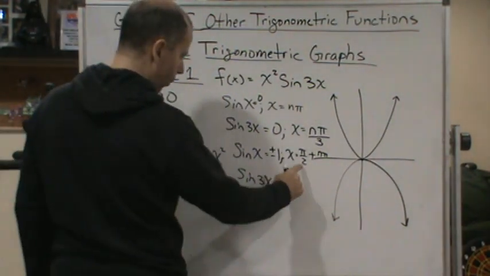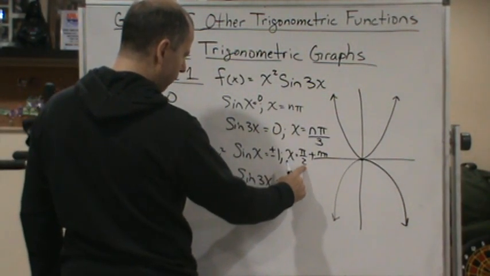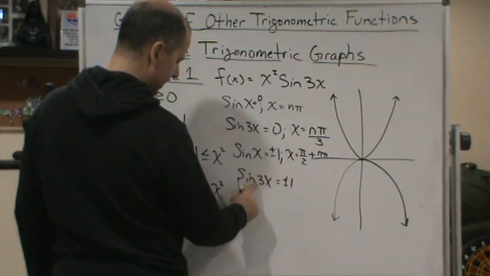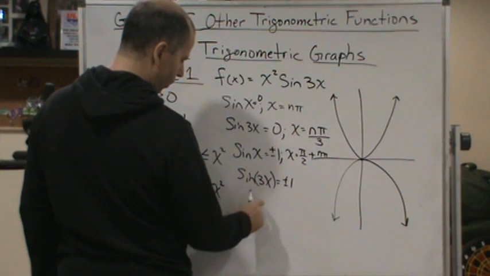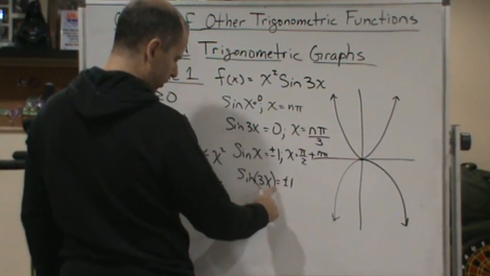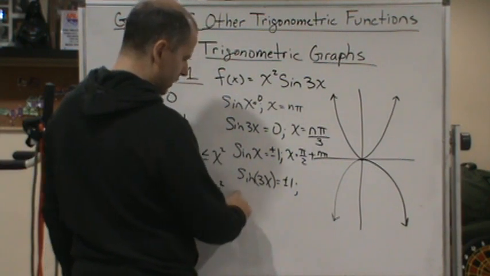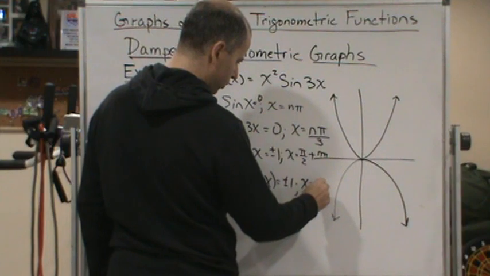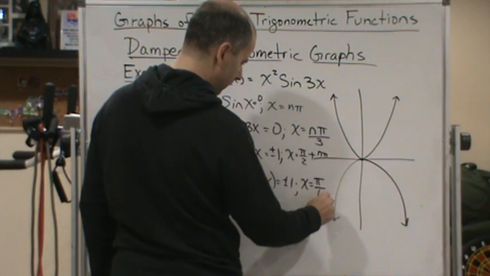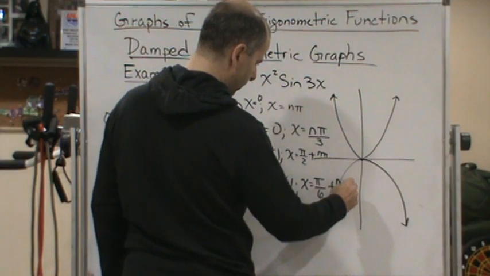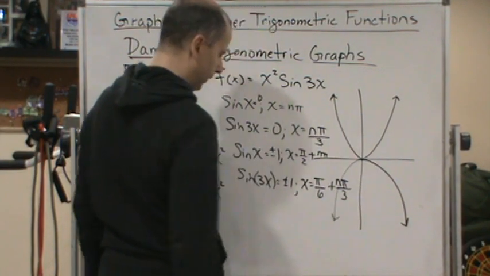Again, we need to get pi over 2 as the argument inside. When do we get pi over 2? When x is pi over 6. So that means sine of 3x is equal to plus or minus 1 when x is equal to pi over 6 plus n pi over 3.